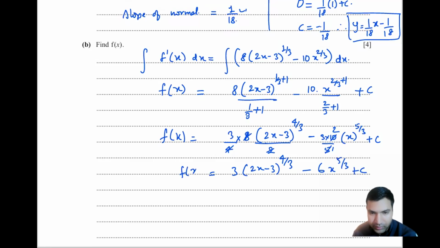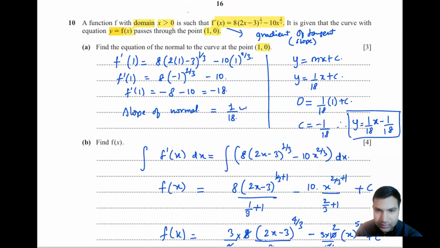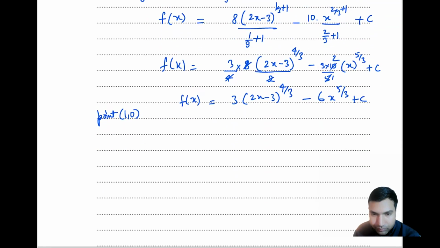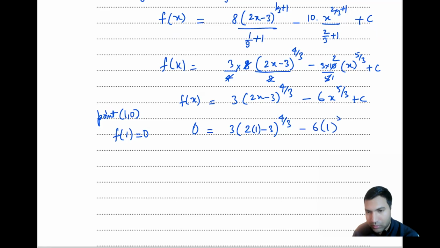And now I need to find the value of c. We are given that the curve passes through the point 1 comma 0. So x is 1, y is 0. How do I read this? f of 1 is equal to 0, right? So we plug in 1 here: (2 times 1 minus 3) to the power 4/3 minus 6 times 1 to the power 5/3 plus c, and this equals 0. This becomes 3 times (minus 1) to the power 4/3 minus 6. 1 to any power is 1, plus c.